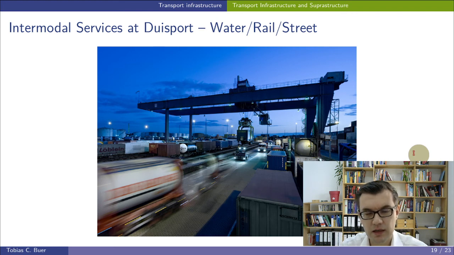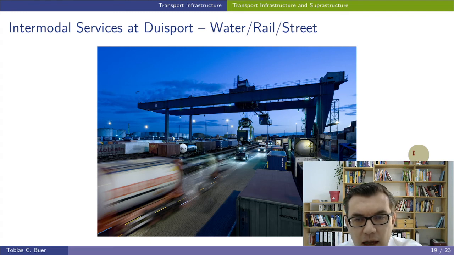So all 3 modes of transport, train, land and sea, are supported by Duisburg, and therefore this is one reason why it's a very important centralized hub for cargo transportation in Europe. There's no people transportation going on in this port, it's purely focused on cargo.